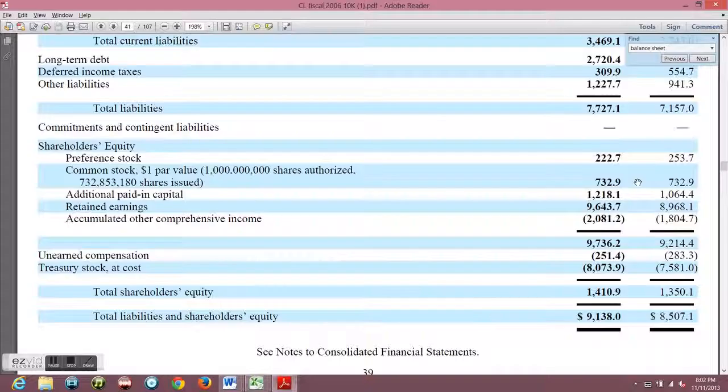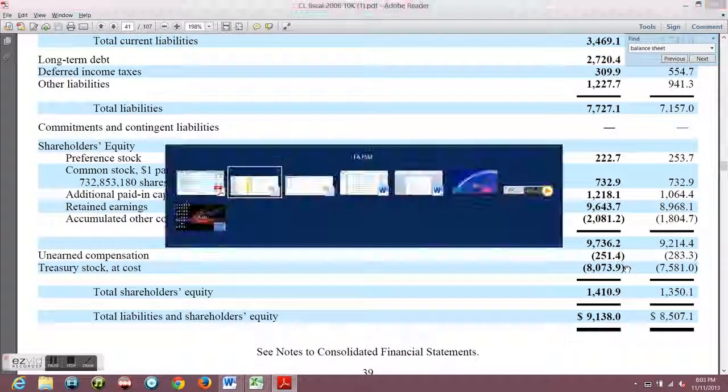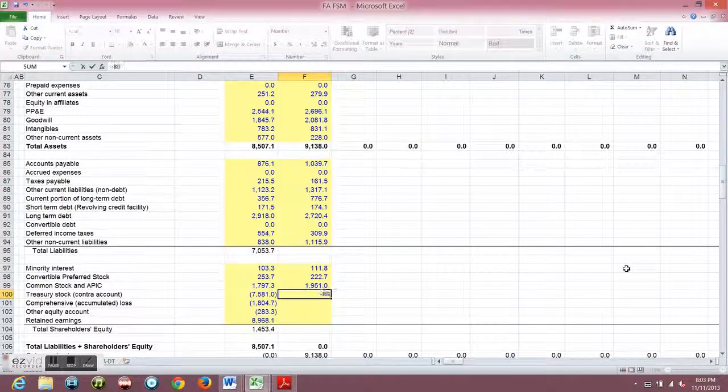Negative 8073.9. Our treasury stock is essentially stock that's bought back by the company due to stock option plans for employees or to regain control of the market. Comprehensive income or loss is going to be accumulated other comprehensive income, which is negative 2081.2.